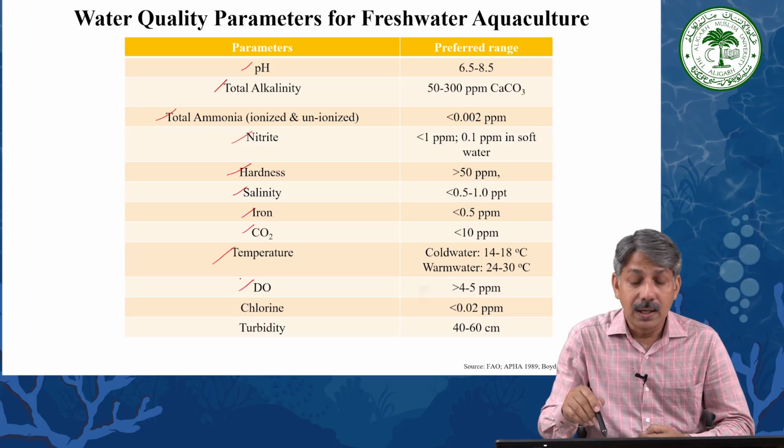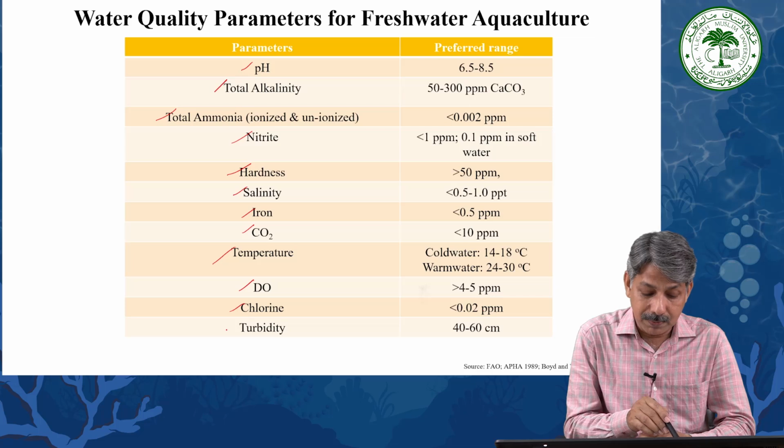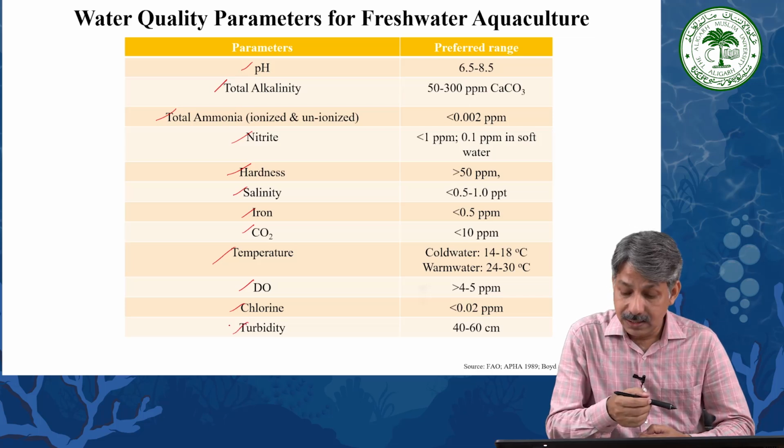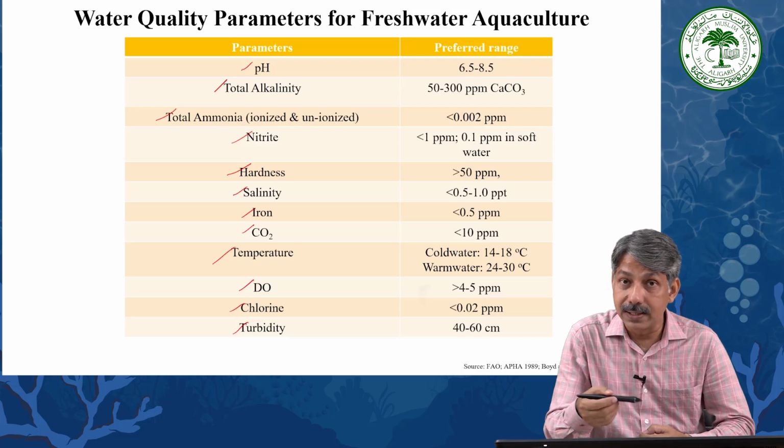Dissolved oxygen not less than 4 to 5 ppm, chlorine less than 0.02 ppm, turbidity 40 to 60 centimeter, and that we measure with Secchi disc.